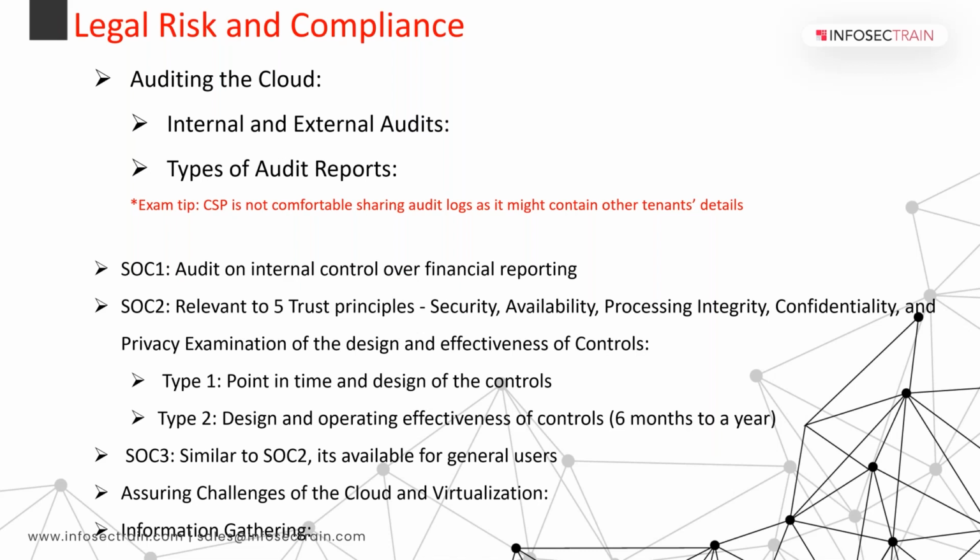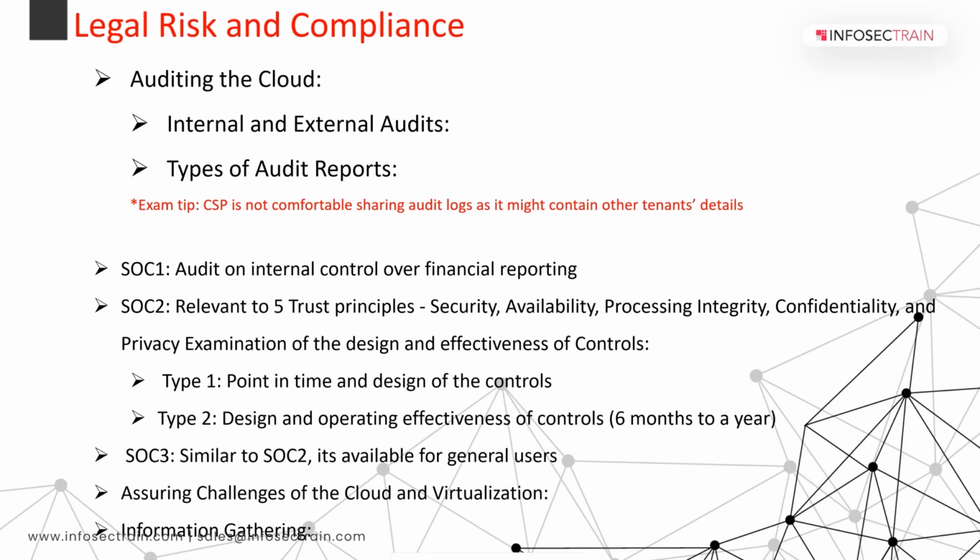It is for general users to understand the compliance status of any cloud service provider. Is it clear on the SOC reports? It is highly testable, especially the meaning of type 1, type 2, or the meaning of SOC 1, SOC 2, SOC 3.